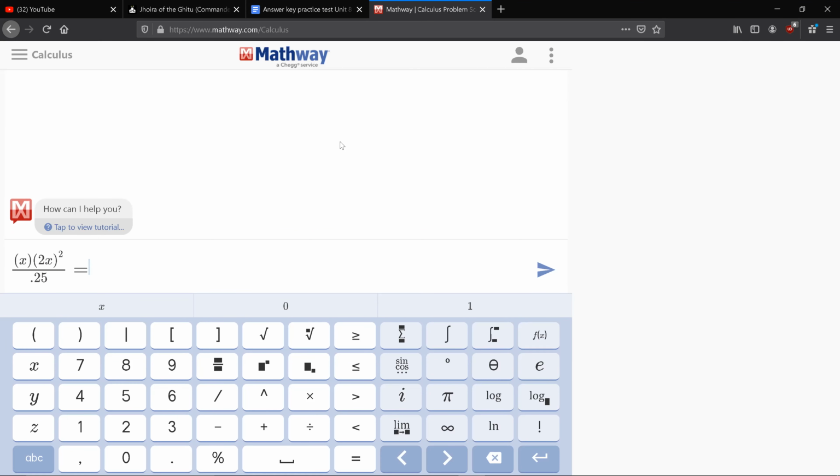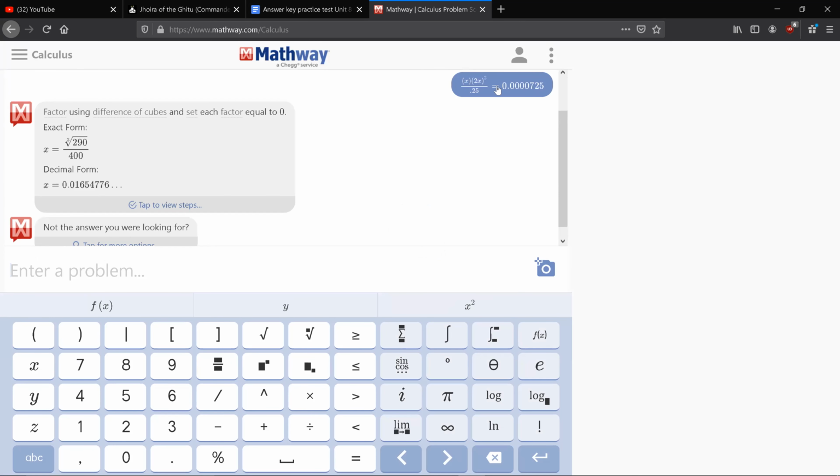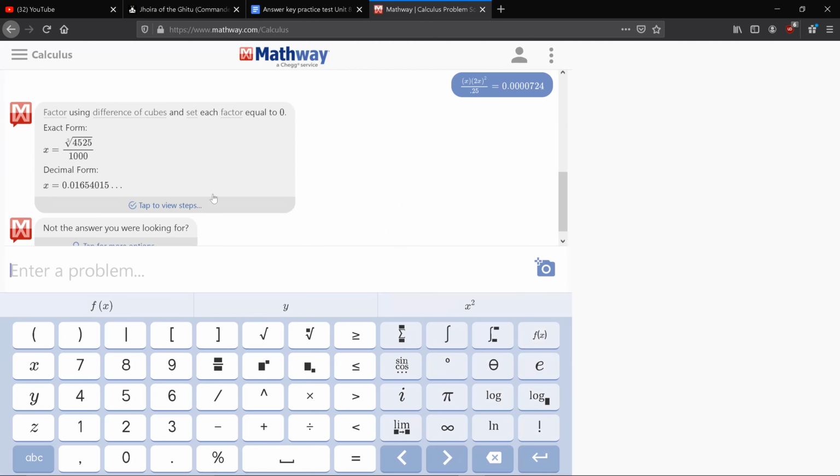Set it equal to my KC value, 1, 2, 3, 4, 7, 2, 4. Hit enter, and then it'll give me x right here. Always in decimal form. Don't use it in an exact form.